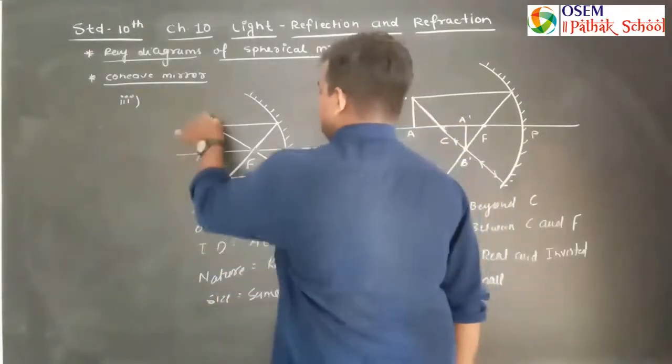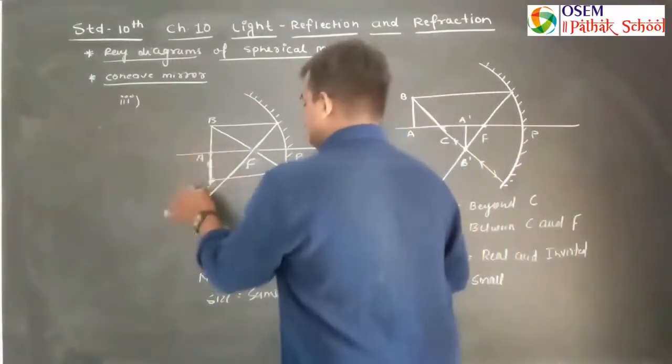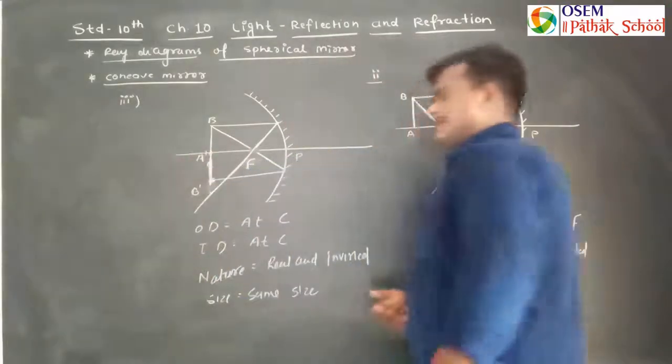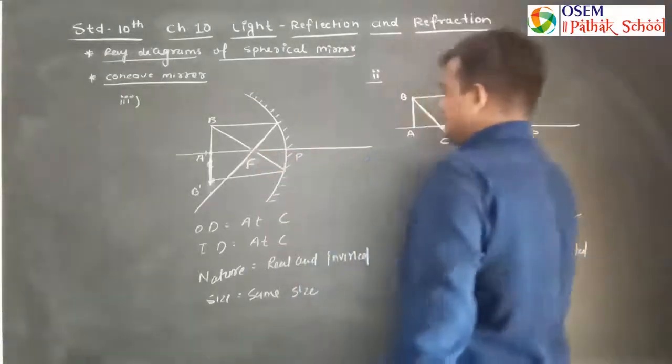Suppose this is our object AB, so image which I obtained here at the C, this is also A dash B dash. So this is our image formation, this is the ray diagram.